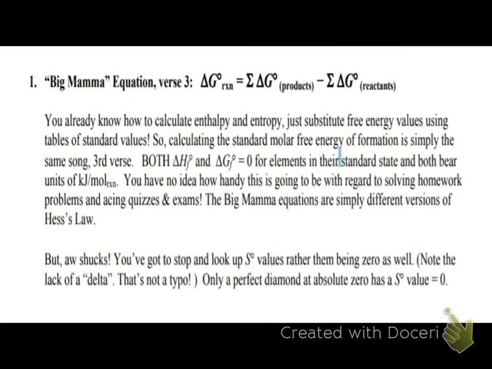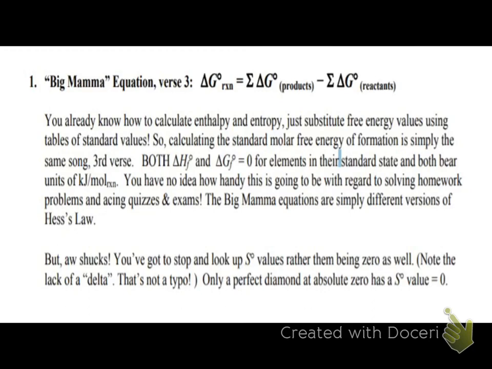Here is the Big Mama verse 3. Delta G of the reaction is equal to the summation of delta G of products minus reactants. So we should have that equation down. You can do it for enthalpy, you can do it for delta G, and you can do it for entropy. Luckily, we knew how to do that very well from enthalpy, so we're just changing values, okay?